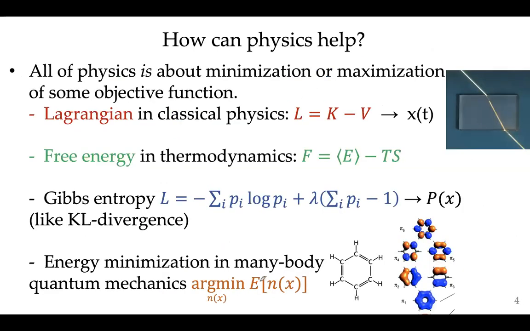All of physics is actually about minimization or maximization of some objective function. For example, let's start with classical physics. What we call the objective function in classical physics is basically the Lagrangian. It's kinetic energy minus potential energy. When you minimize the Lagrangian, it gives you the equation of motion for the particle or the wave.